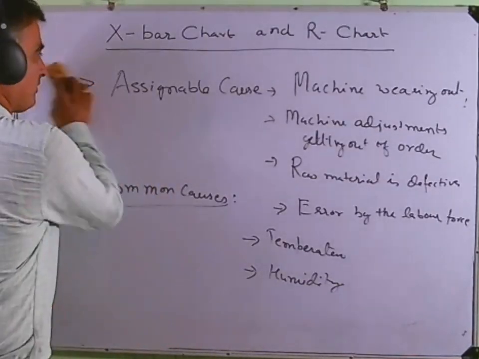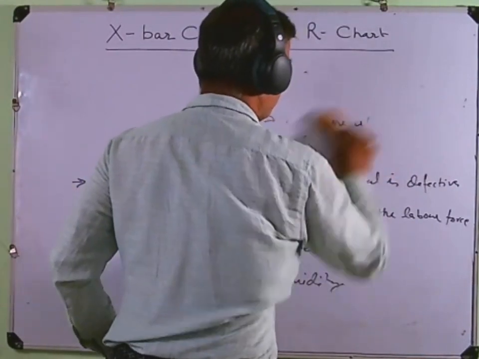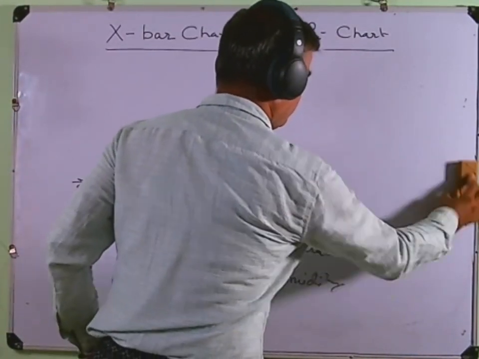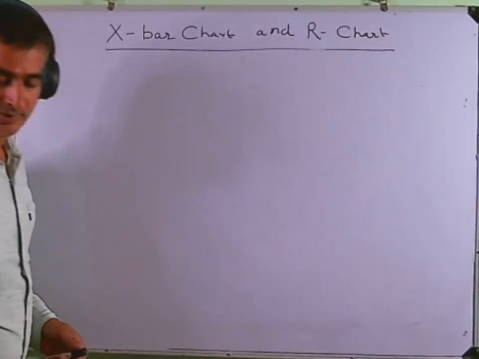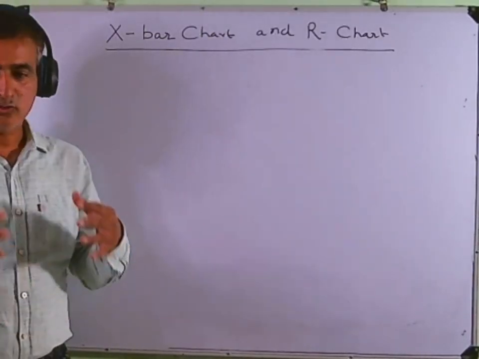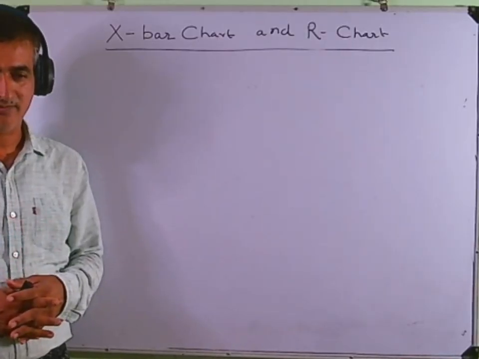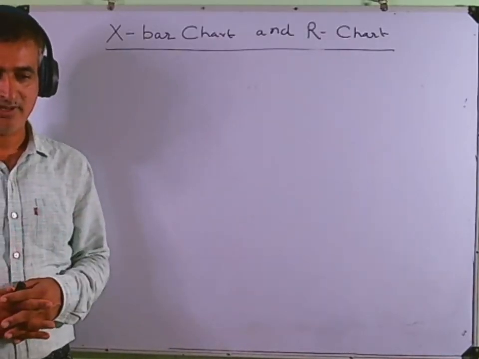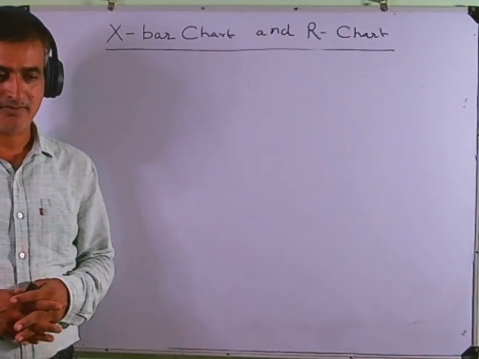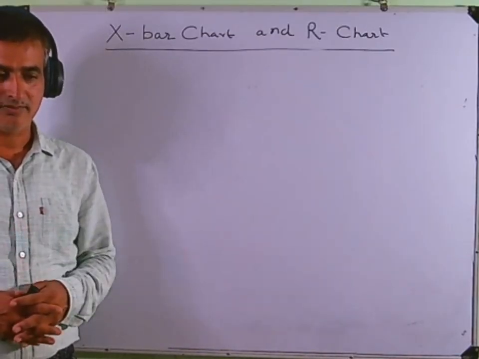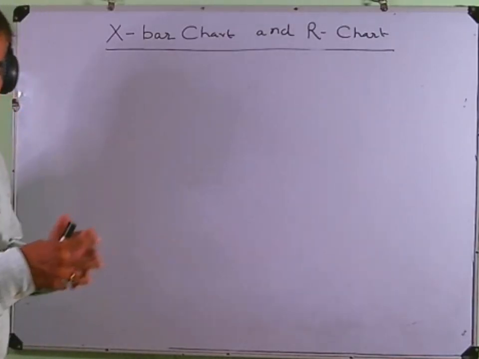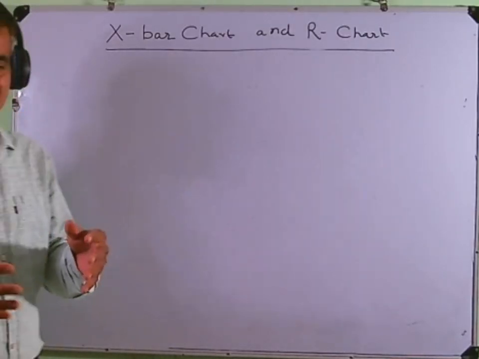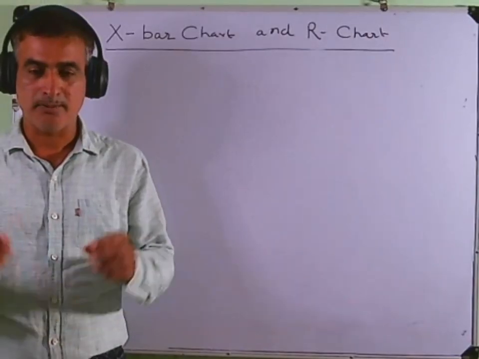To check it, what can be done is we create two types of hypothesis. One is the null hypothesis and the other is the alternative hypothesis. The null hypothesis formulates in terms of the production process being in control.